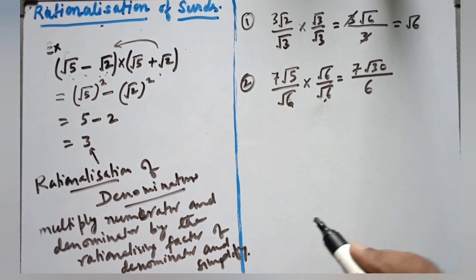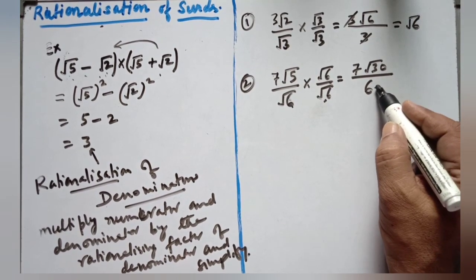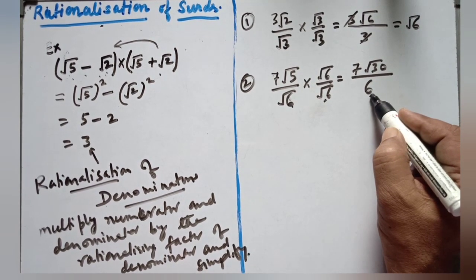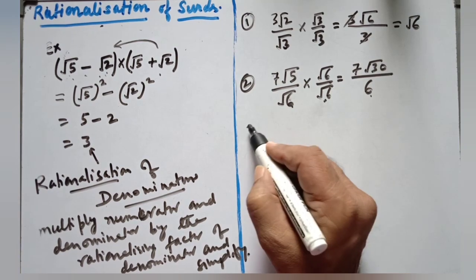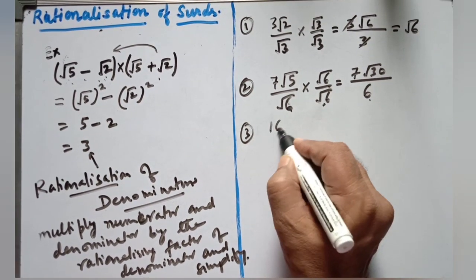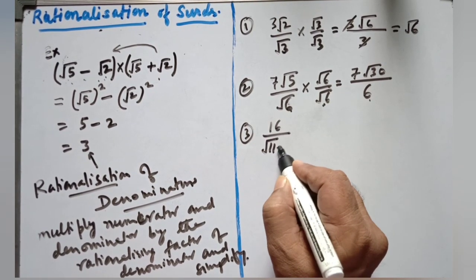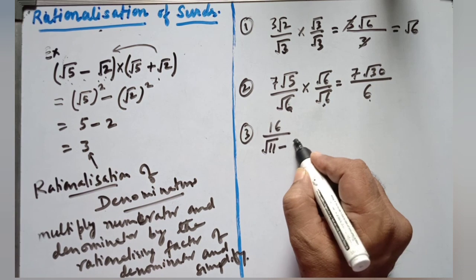So this is the same expression with the denominator as a rational number. Okay, now when the denominator is a binomial, say 16 by root 11 minus 5.